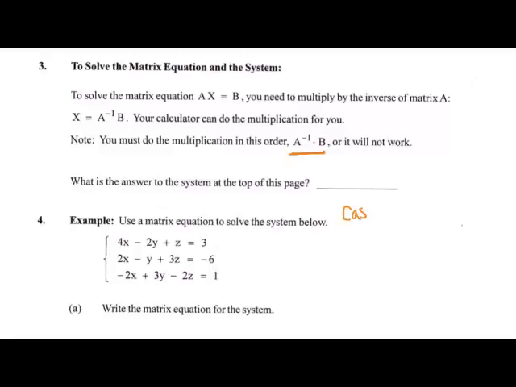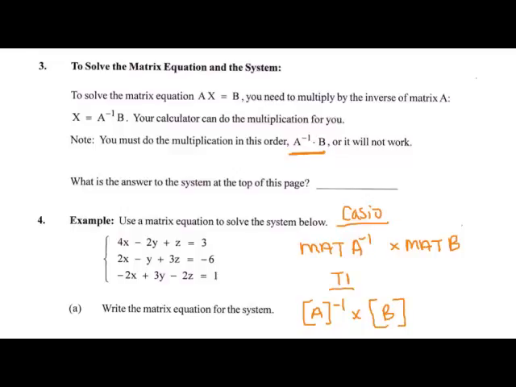If you have a Casio calculator, it's going to look like this: matrix inverse A times matrix B. If you have a TI, it is going to look like matrix A inverse times matrix B. So again, depending on which calculator you have, it's going to look a little bit differently, but you should end up with the same answer.